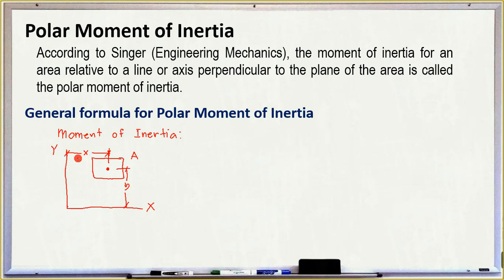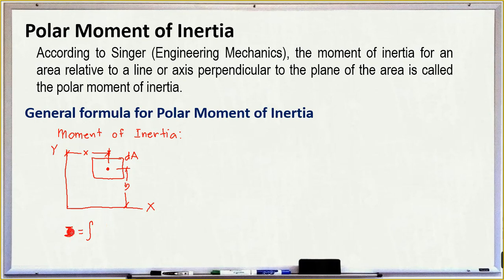So the simple definition for moment of inertia, or second moment of area, is I equal to, if this is a complex object, we use integration with the differential area dA. So that is the integral.